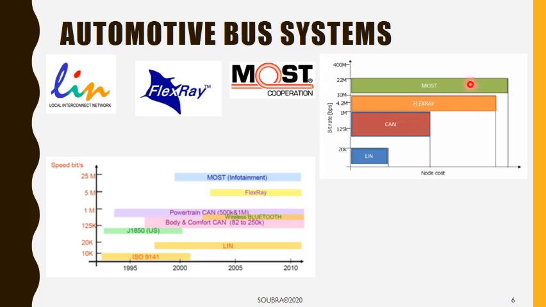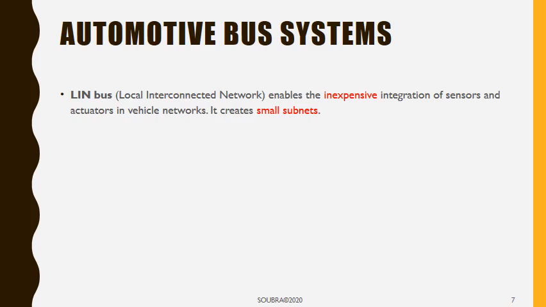And then the most expensive ones are usually the FlexRay, and usually the MOST as well. Fair enough? So let's have a couple of words about those 3 buses here, and then we're going to tackle in more detail the CAN bus, which is extremely ubiquitous and can be found in most cars today, if not all. Alright, so let's see.